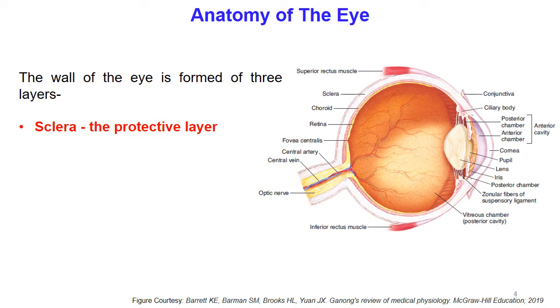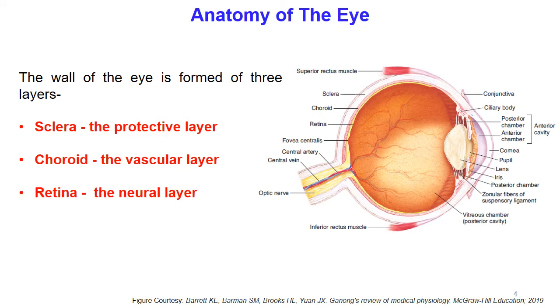The lateral margin of the cornea is connecting with the conjunctiva, a clear mucous membrane that covers the sclera. Just inside the sclera is the choroid, which is a vascular layer that provides oxygen and nutrients to the structures in the eye. Innermost is the retina, the neural tissue containing the photoreceptors.